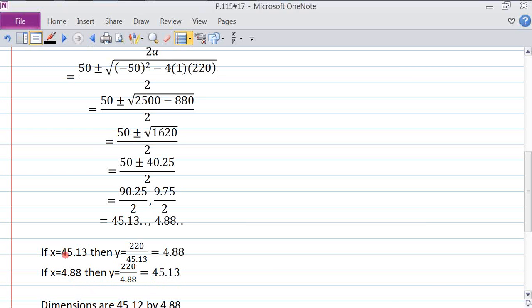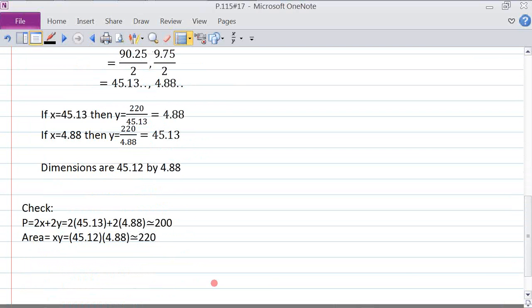45.13. So the x here becomes the y here, and the y here becomes the x here. So really what we have is, it doesn't matter what you call x and y, but you multiply 45.13 by 2, and then you multiply 2 times 4.88 to get the perimeter, and this comes out to be approximately 200.